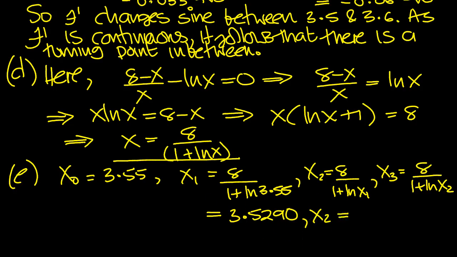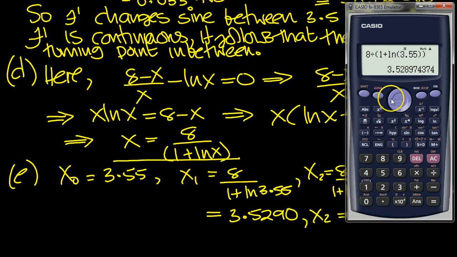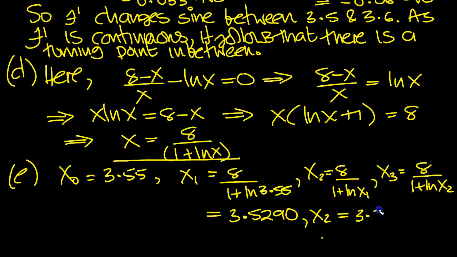x2 is equal to, so go back to the calculator, and we can put that 3.5290 into the calculator here, can't we? And we get 3.5382.